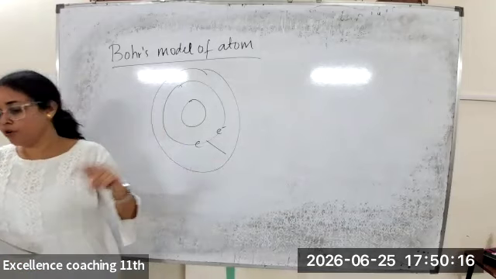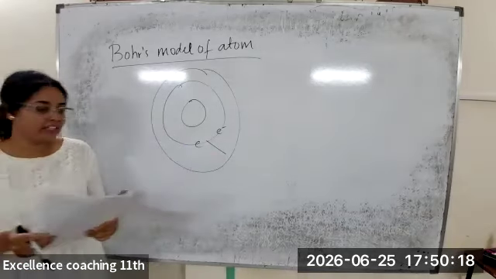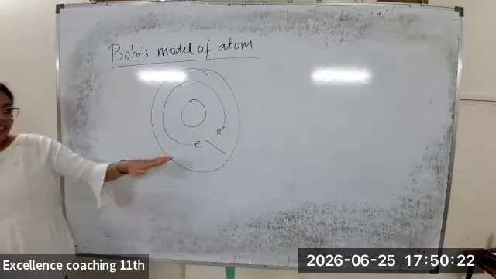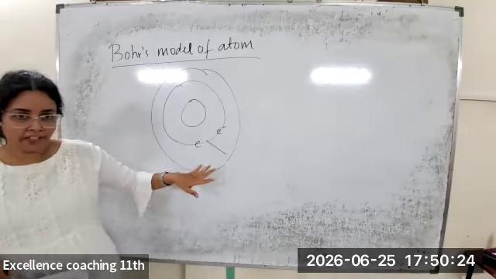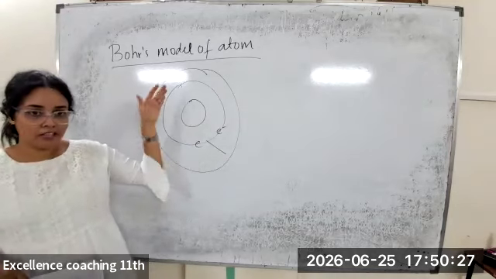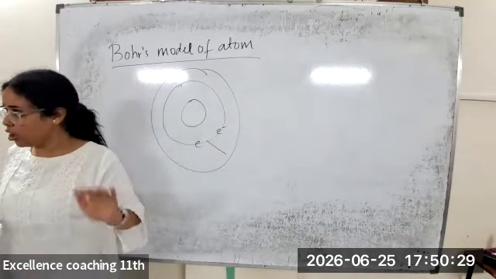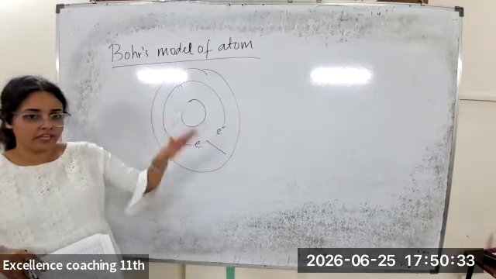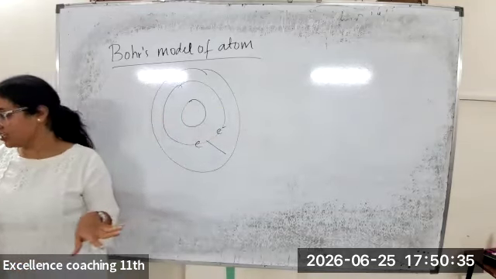So what Bohr said is, unless we supply any energy and it is not affected by any factors, it will move in a stationary orbit. It won't go to some other orbit. It will rather prefer to move around in a stationary orbit.